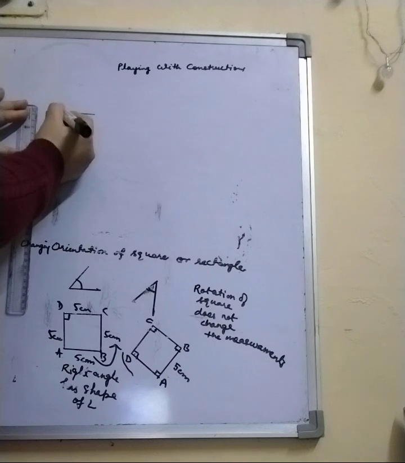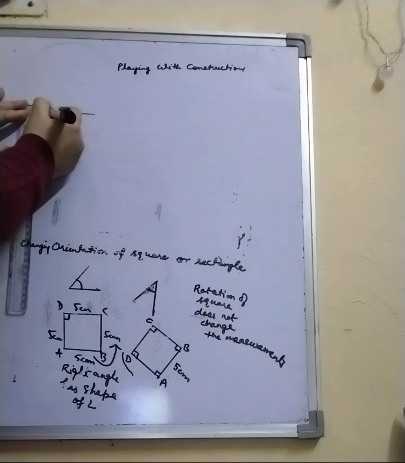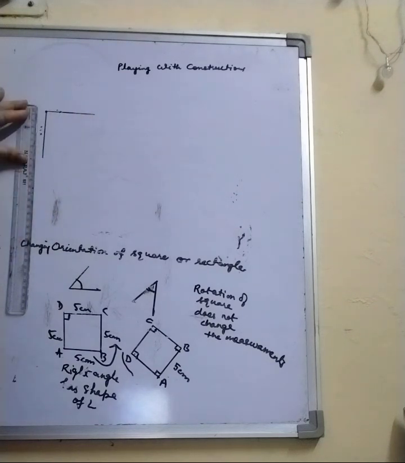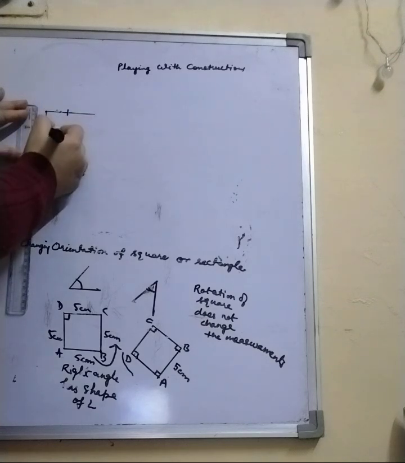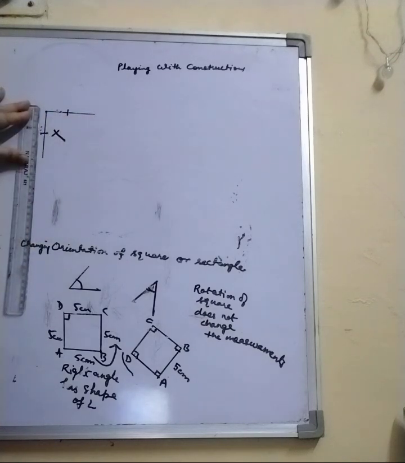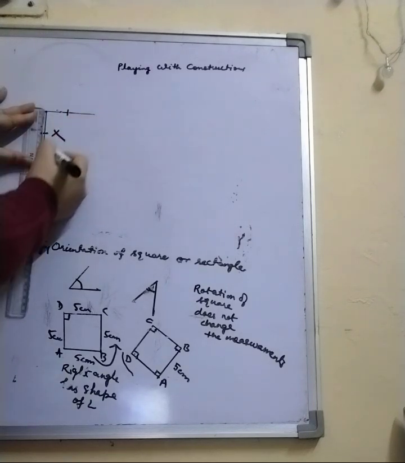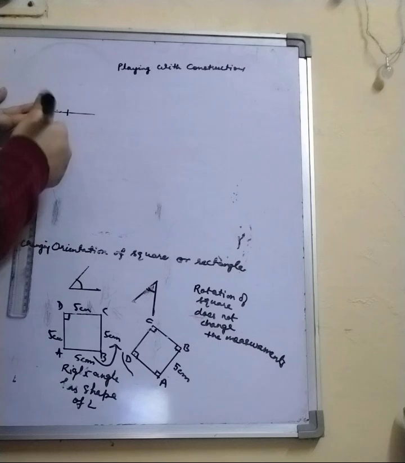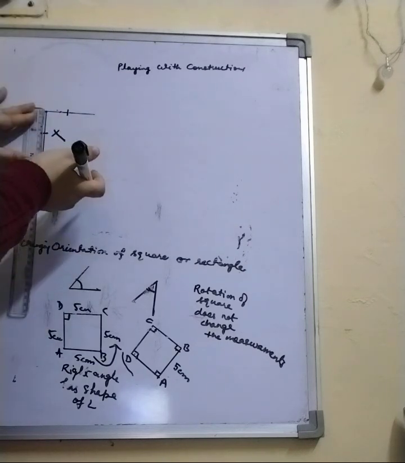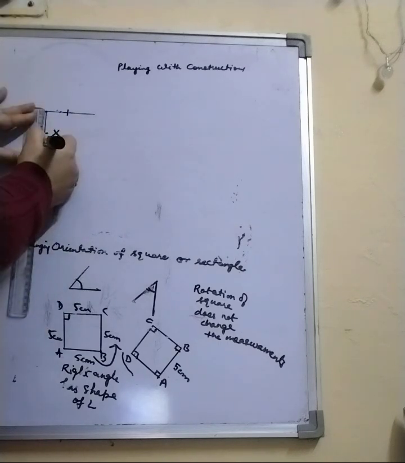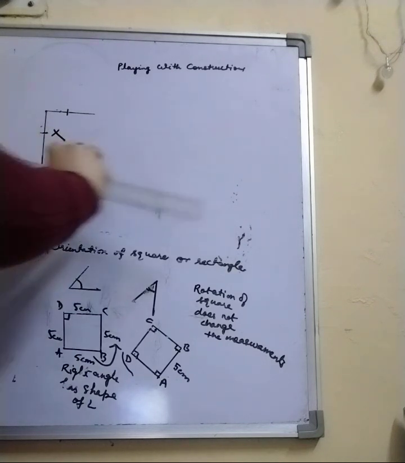Adjacent means the one touching the other, the one which has a common point. These two sides should not be equal, otherwise this would become a square. So if you are taking one side as 7 centimeter, the other one should be different from 7 centimeter. So let's make it 8 centimeter like this.